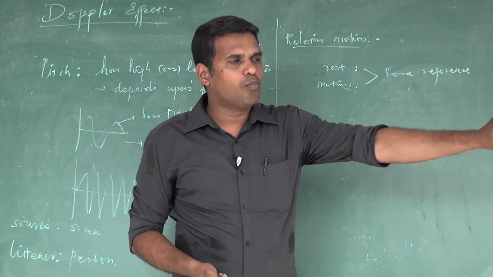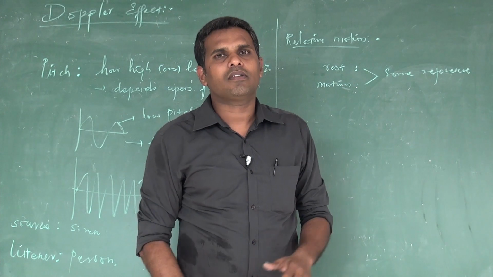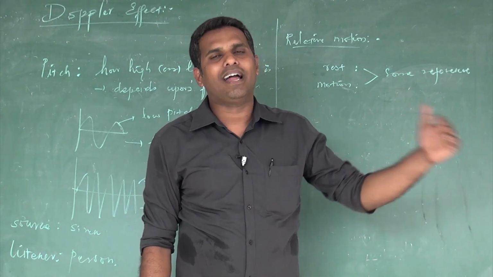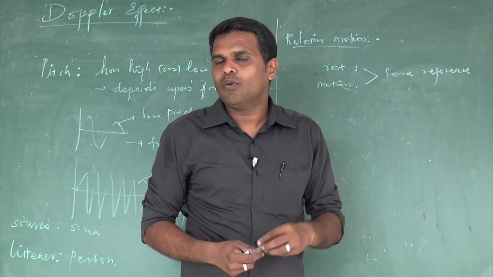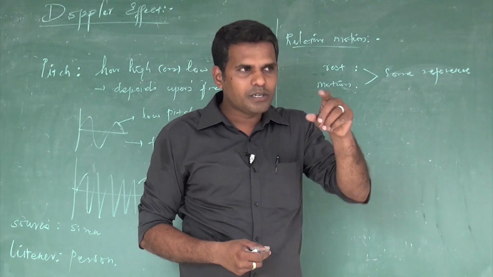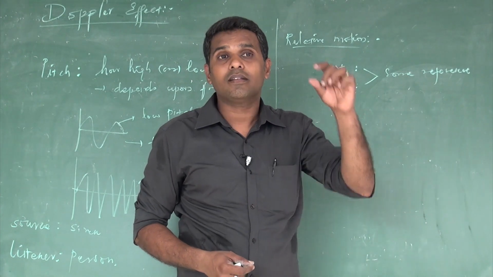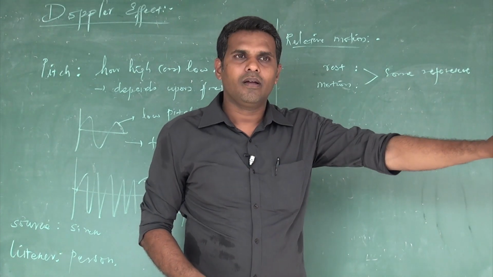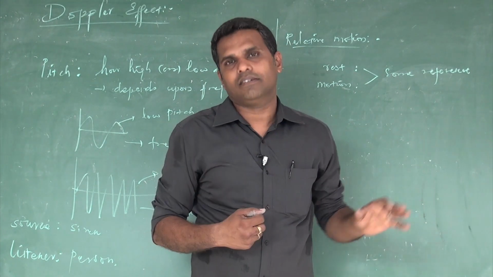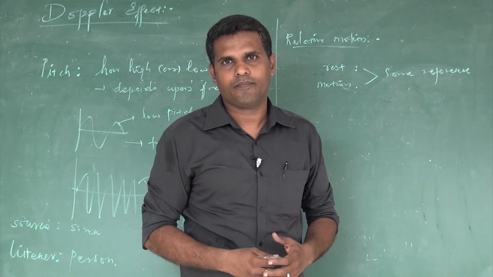As the car moves away from you, the frequency of the sound goes on decreasing and finally it vanishes. So the sound heard by you decreases in frequency, but the sound produced by the source, which is the horn, is always the same. But what we receive as the listener is quite different.